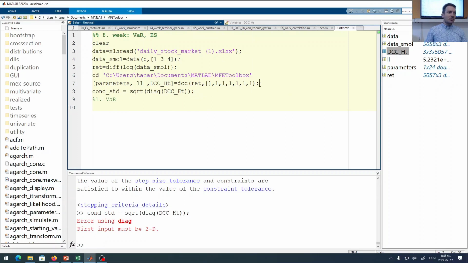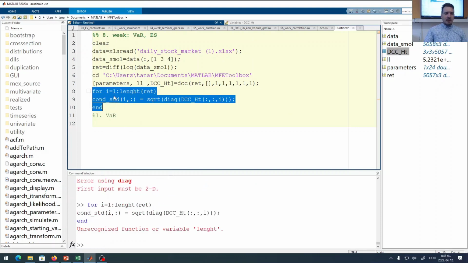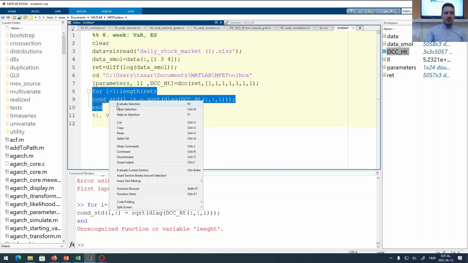Yeah. So I have to put it in a for cycle in this case. For i equals 1, 2, and so on, up to the length of the returns. So for each day we have to check it, because it's not able to deal with three-dimensional objects. I don't know why, but for each day. Okay, it's not able to deal with my typos.